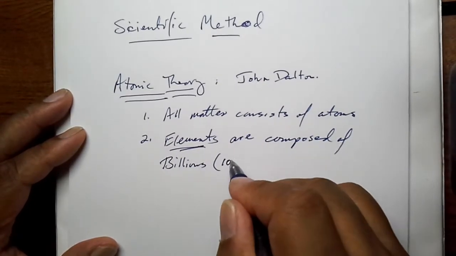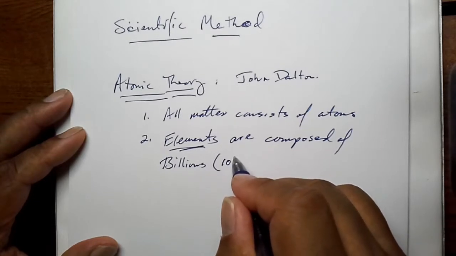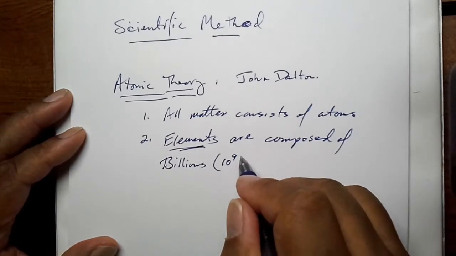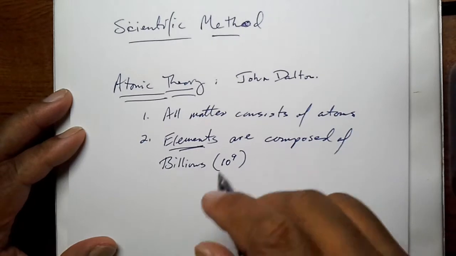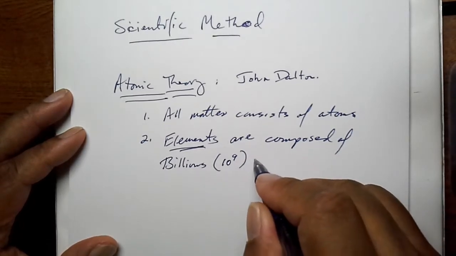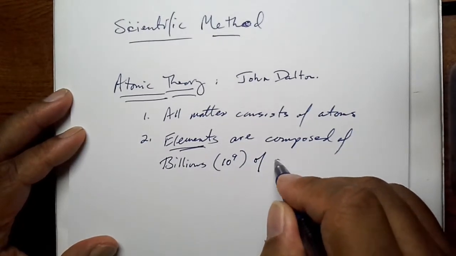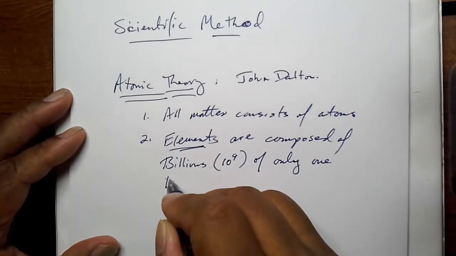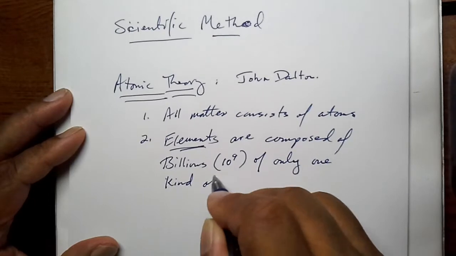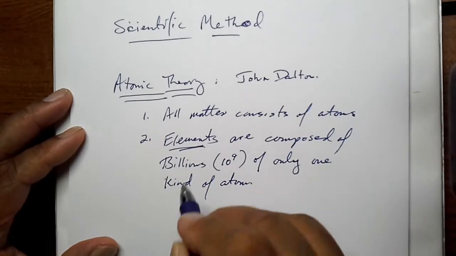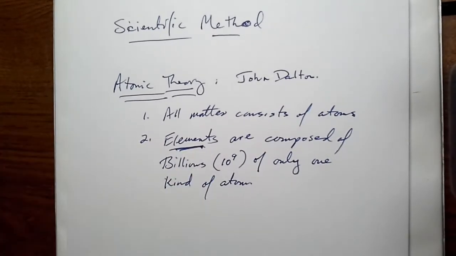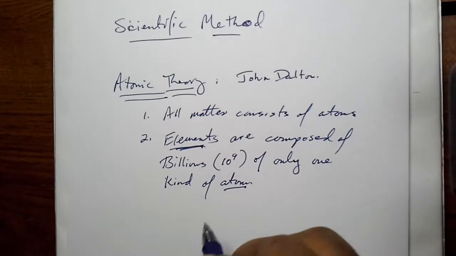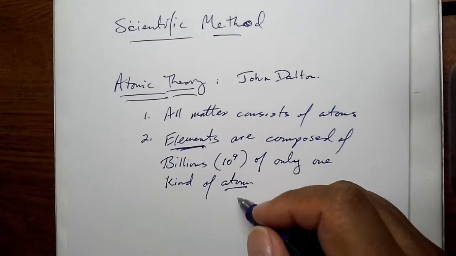That is 10 to the ninth. Billions of only one kind of atom. So we're talking about a single element consists of billions of a single type of atom.